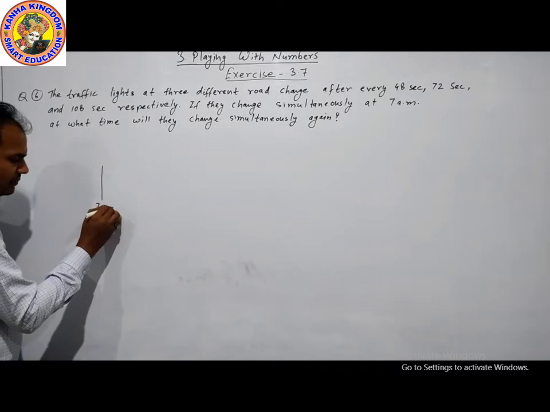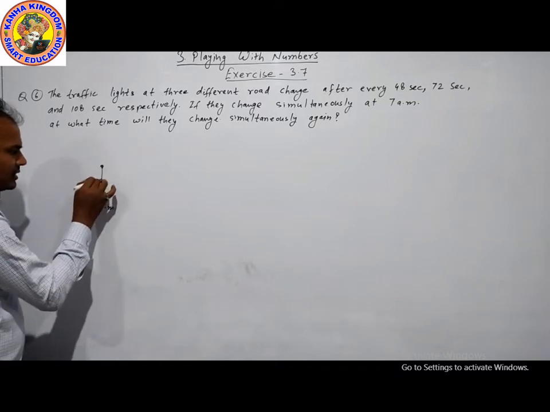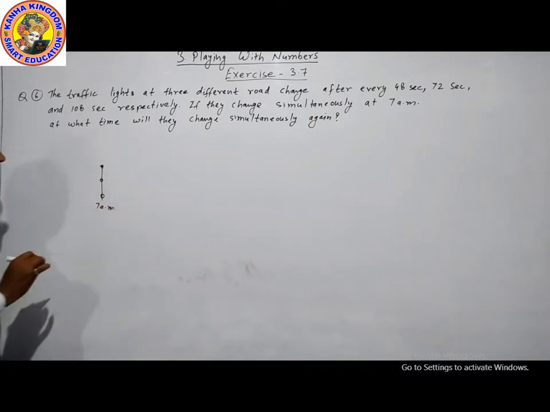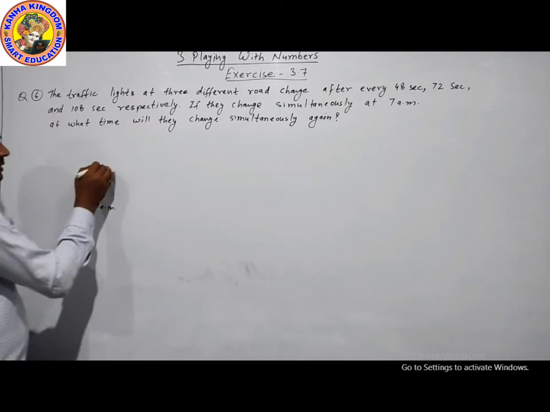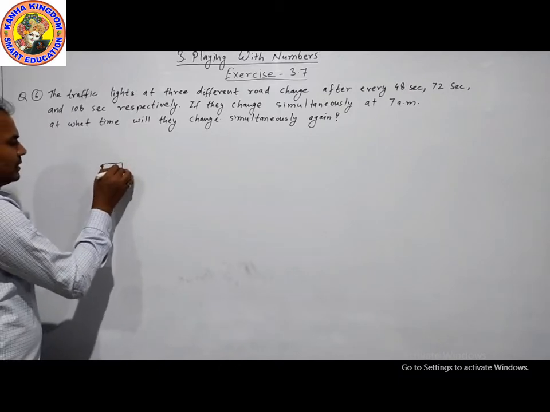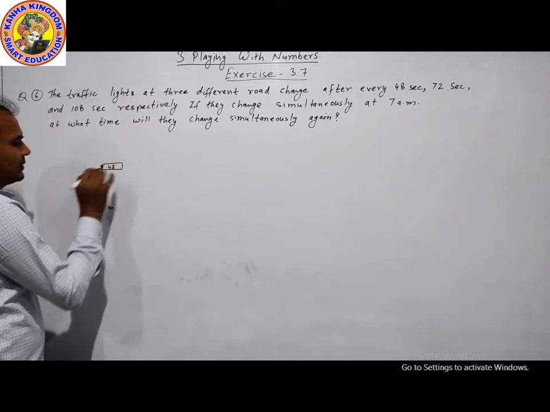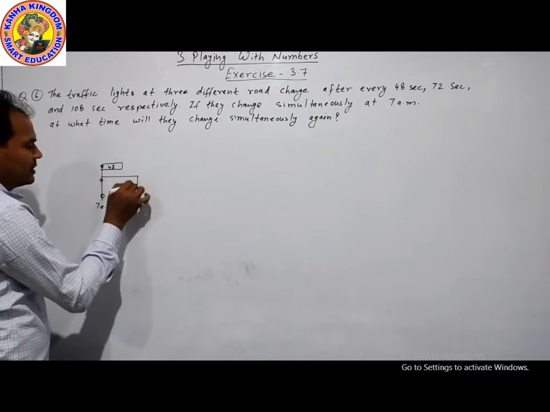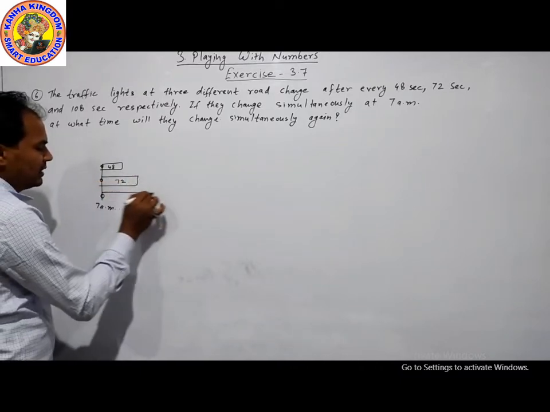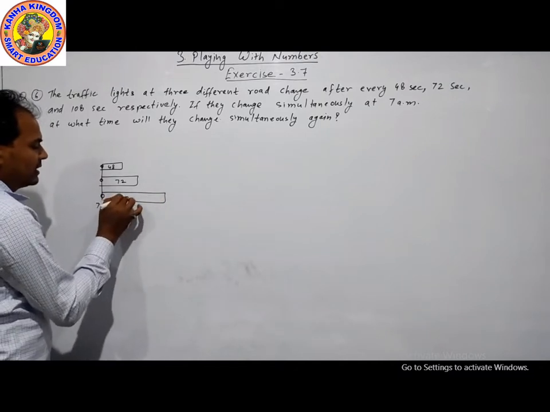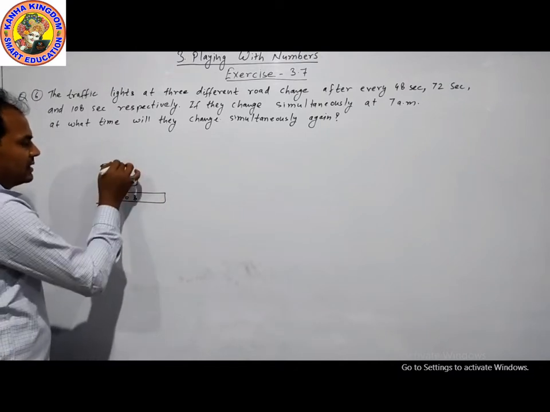At 7 am, these 3 roads' traffic lights will blink simultaneously. One will blink again at 48 seconds, another at 72 seconds, and another at 108 seconds.